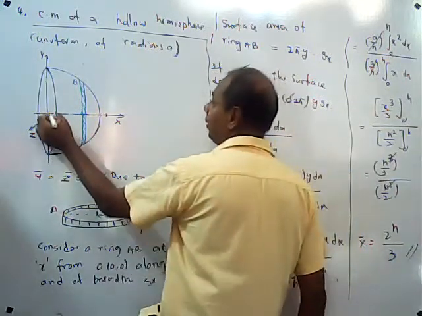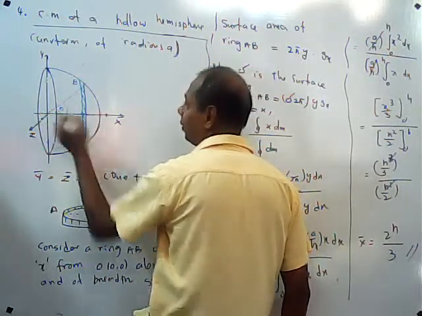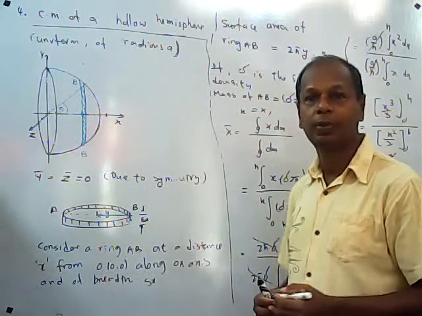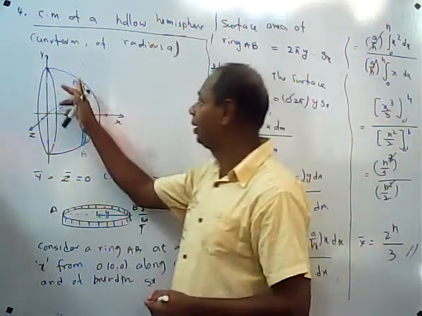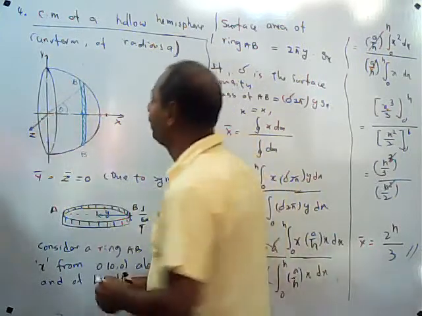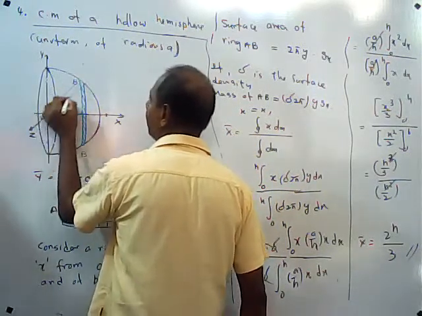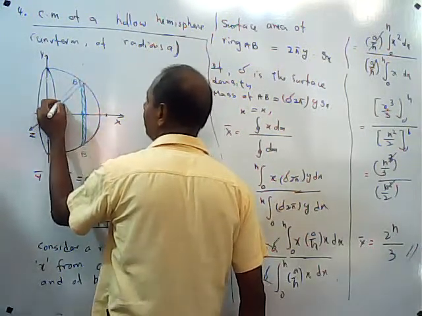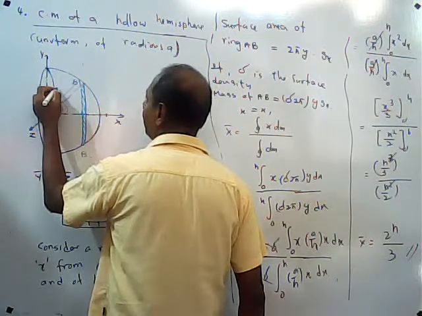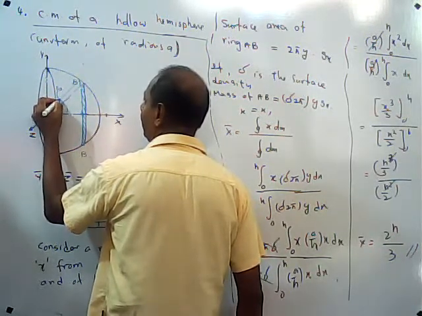We take the ring at an angular distance theta from OX axis, okay, and which subtends an angle delta theta at the center.